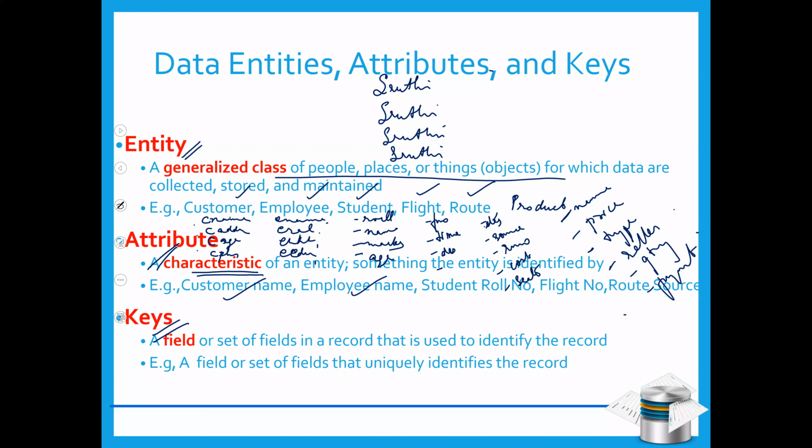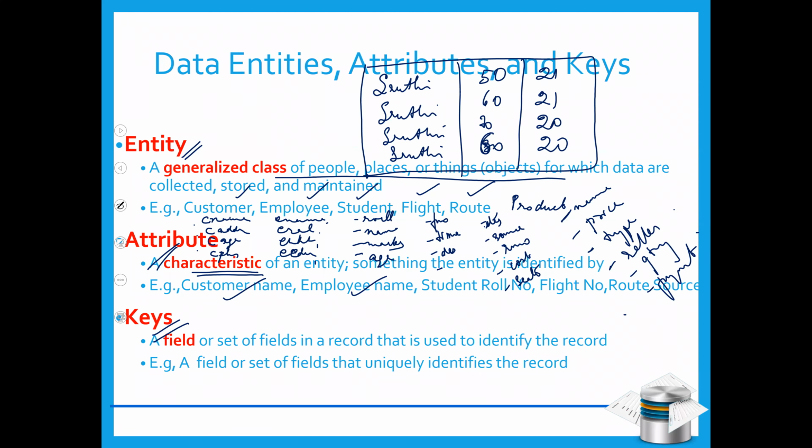I'll just go for random marks: 50, 60, 70, 80. Okay, and even age: 21, 21, 20, 20. Okay, this also I will give 60. Okay, so these are the details of students in my class. I have the name, I have the mark, and I even have the age.